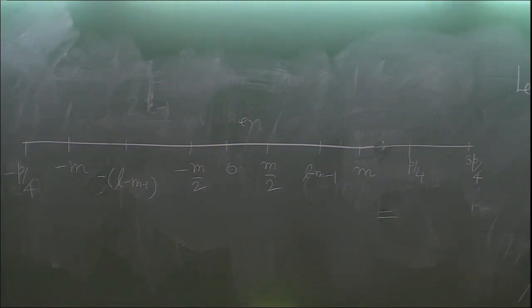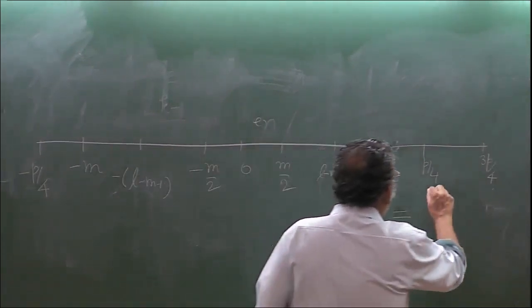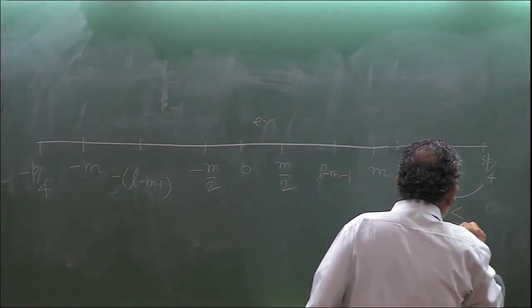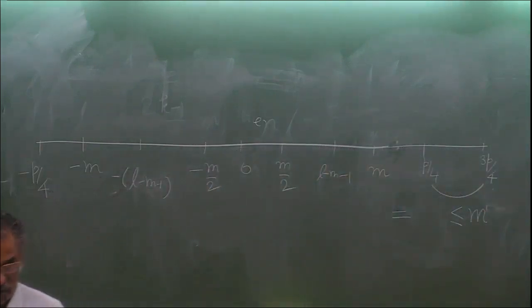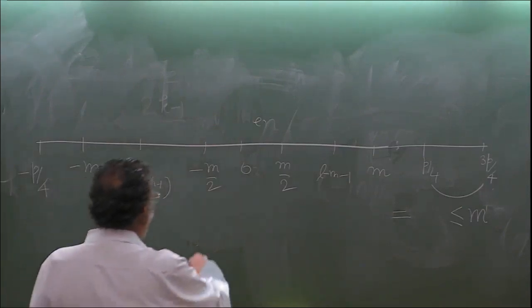In this model, A has less than or equal to m elements, because it is a half circle, and any half circle can have at most m elements. And then we have already checked mu is bigger than or equal to m by 2. But it's not true that it is less than m, which means that there are no elements here.